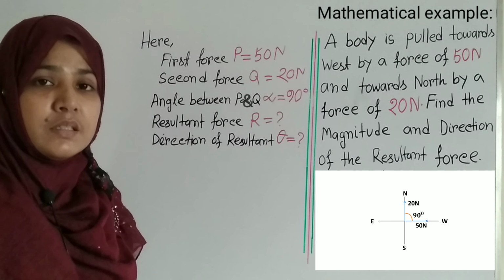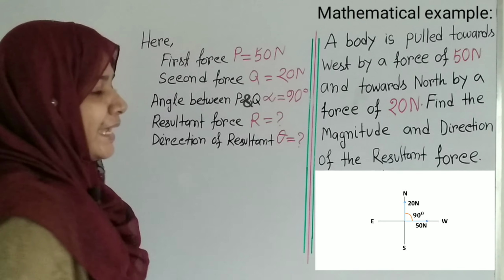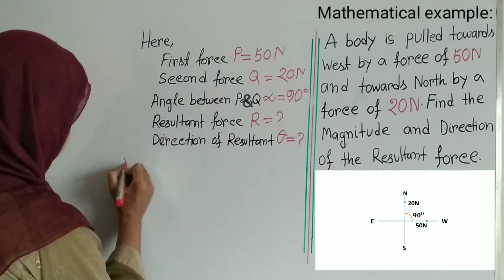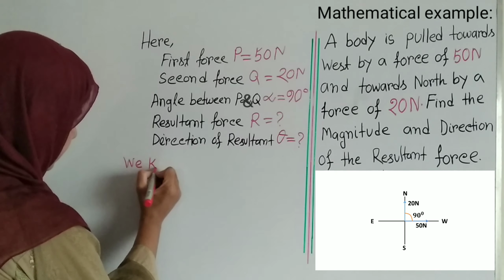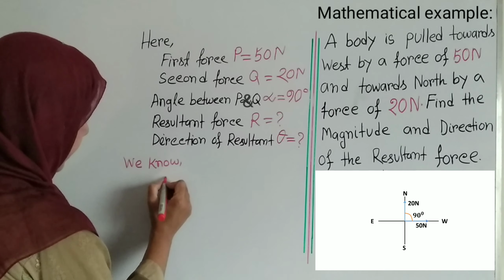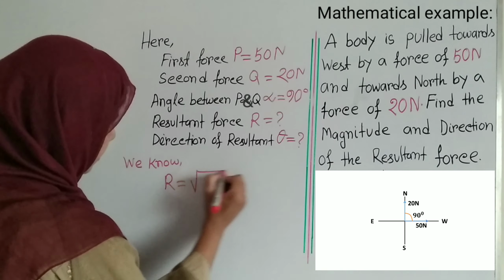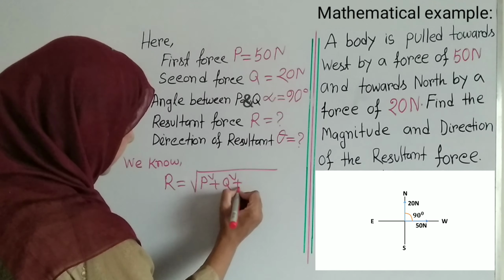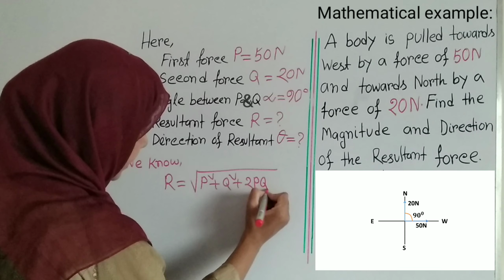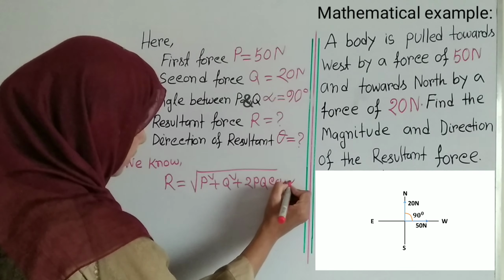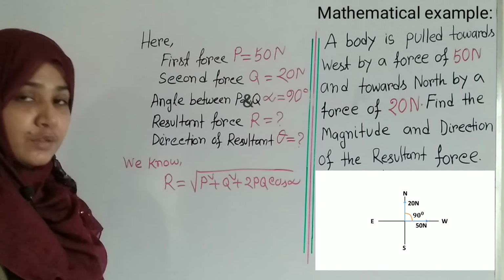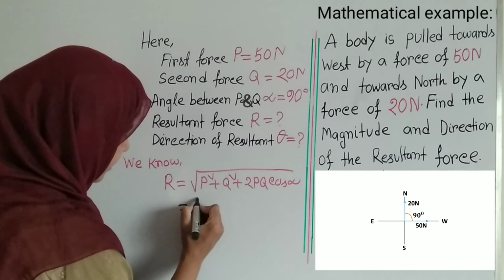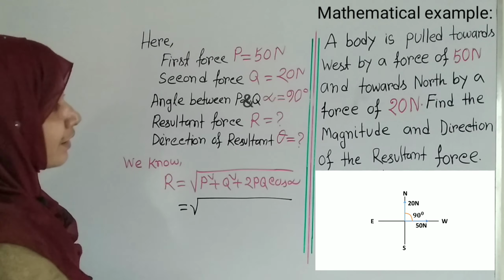We know that to identify the magnitude of the resultant, the formula is R equals root over P square plus Q square plus 2PQ cos alpha. Now we know all the information here, so I am going to put the values which are given in the question.